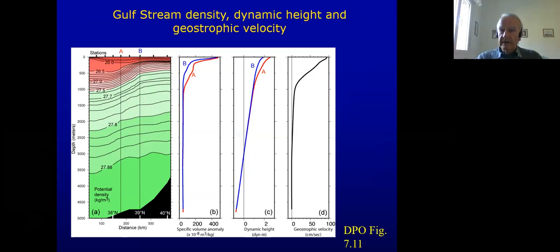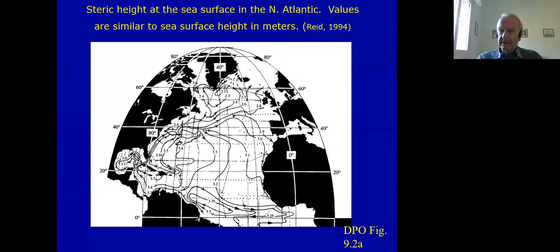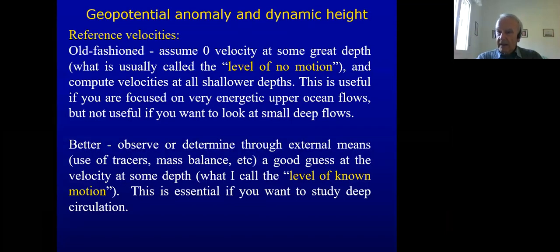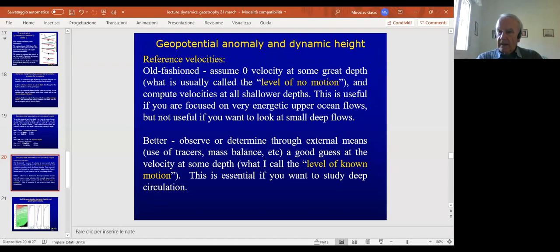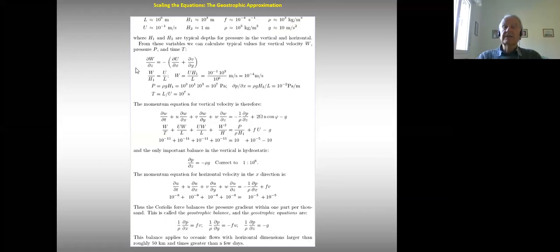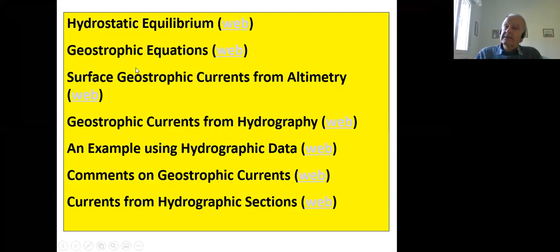Let me change the PowerPoint, and let's look at this thing here. We have the geostrophic flow, but we are always talking about the geostrophic flow, and we don't really know.